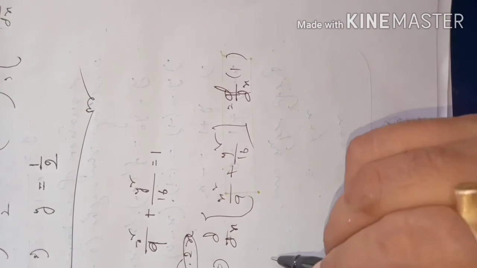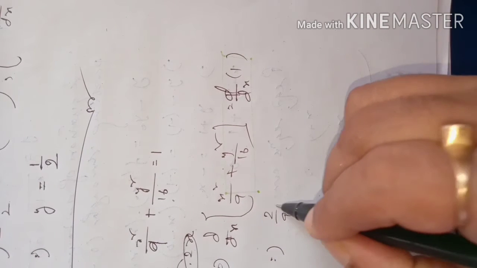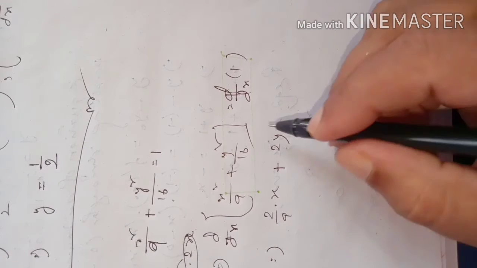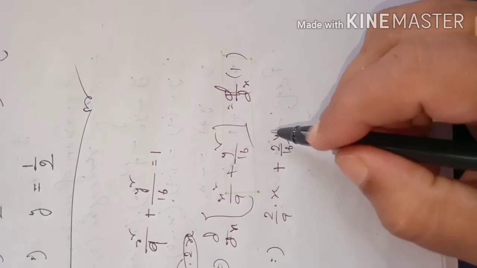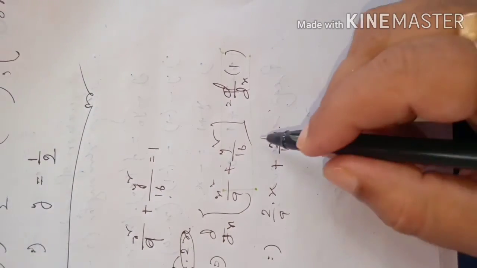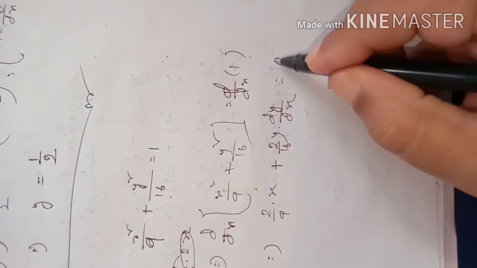d/dx of this one will be twice x by 9, that is 2 by 9 into x, plus d/dx of this one is 2y by 16 into, since we are finding the derivative with respect to x, again dy by dx. d/dx of 1 is 0.